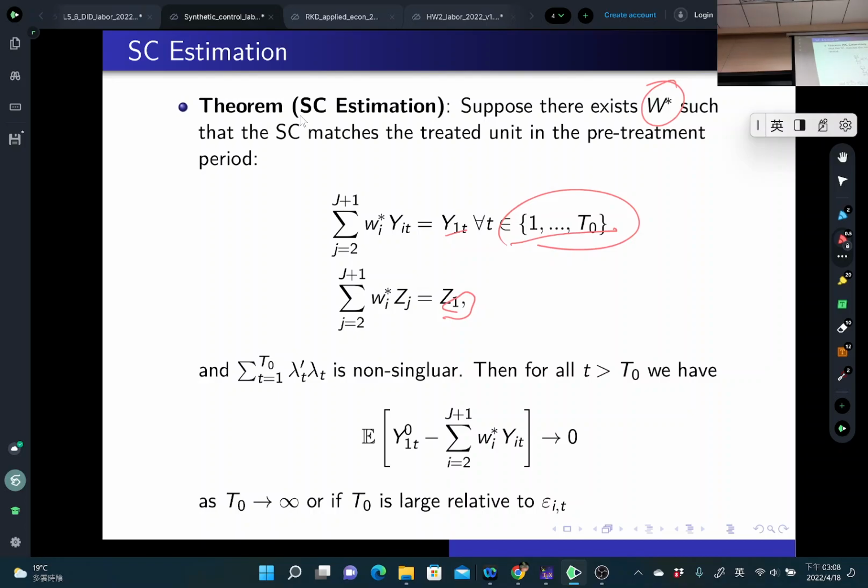That means we can use the weighted average of observed outcomes of non-treated units to replace something unobserved, the Y0 for the treated unit 1.